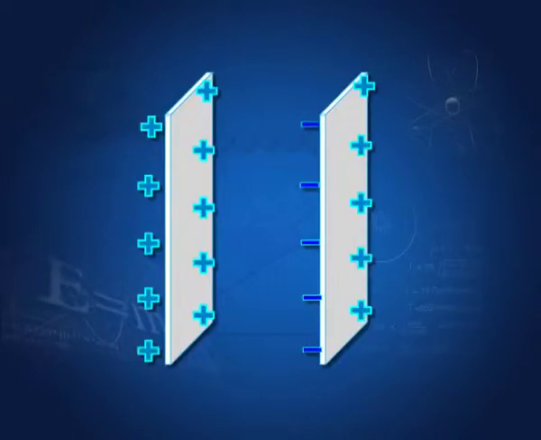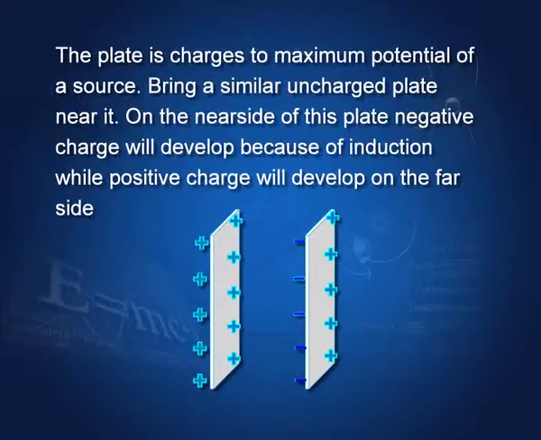Now, imagine a conducting plate carrying a positive charge. Suppose the plate is charged to the maximum potential of a source. As I said, we can charge this plate to a maximum potential, and so we have done that.